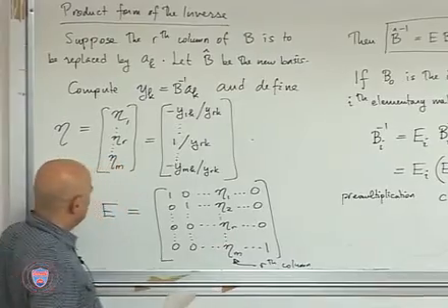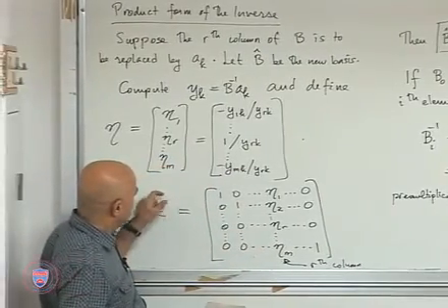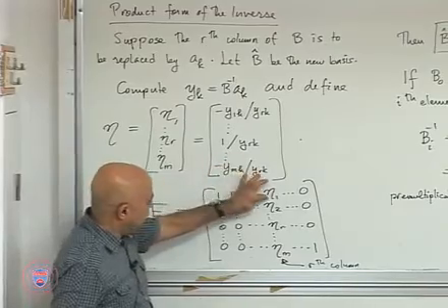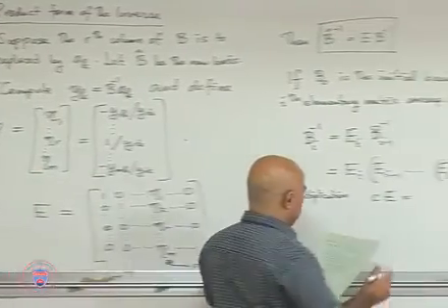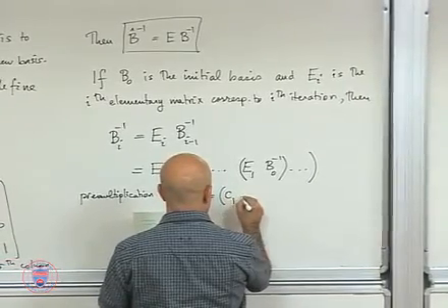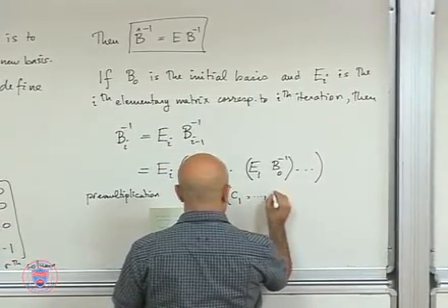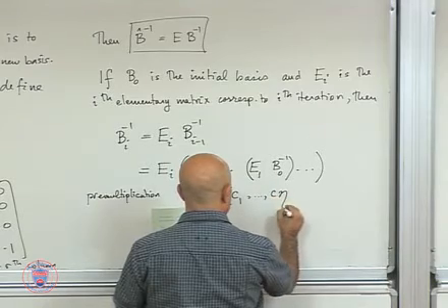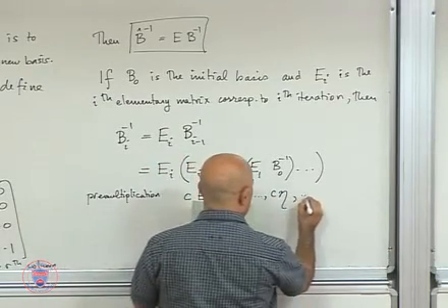So you've got C1 up to Cn multiplying this one, in which case Cm will multiply that, and then Cm will multiply that, so on and so forth. So this is simply the same vector, except you have the dot product of C and eta vector in the proper position.